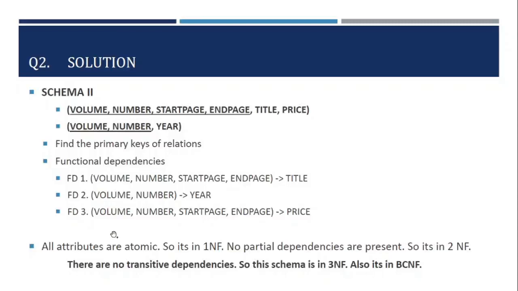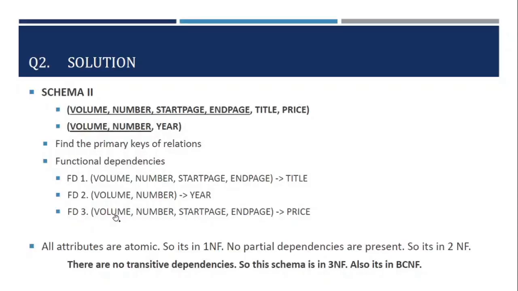Now, let us see whether this schema 2, the revised schema, is in first normal form. As stated previously, all these attributes are atomic, so it is in first normal form. Now, let us check whether it is in second normal form. If you consider the first table, it satisfies FD1 and FD3.